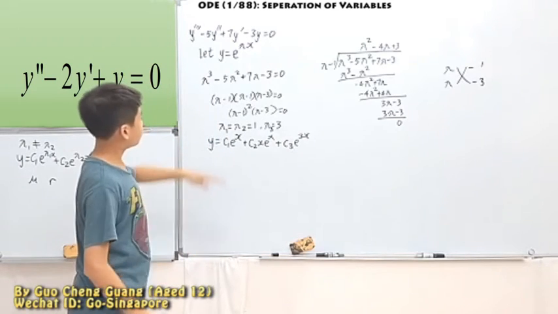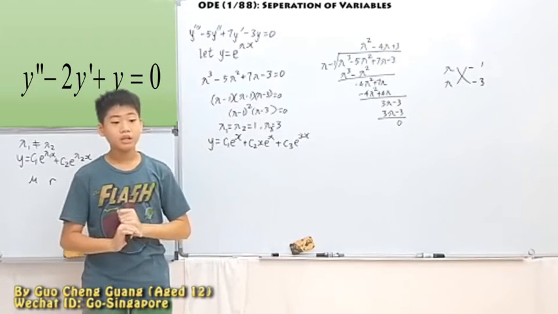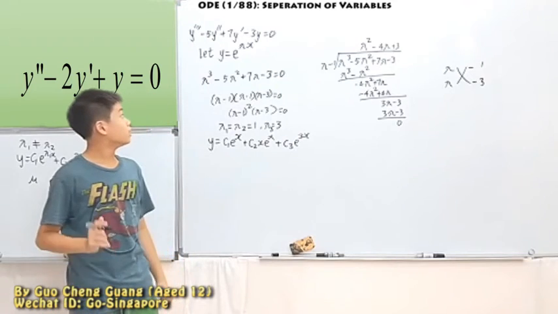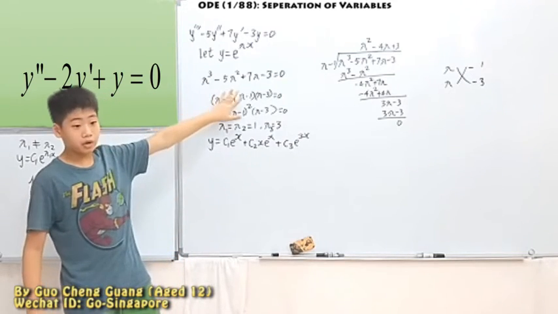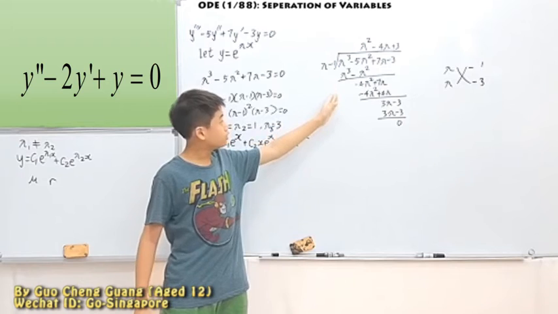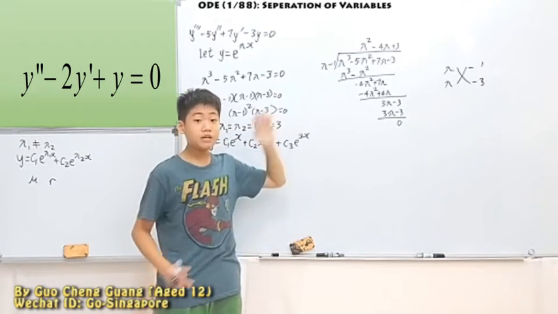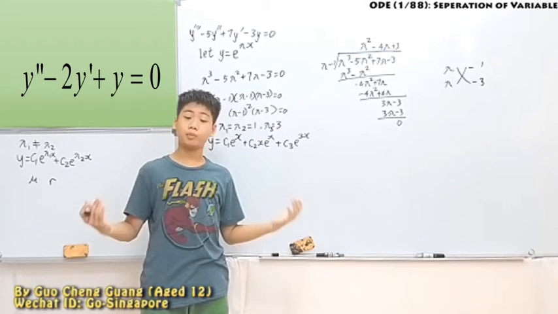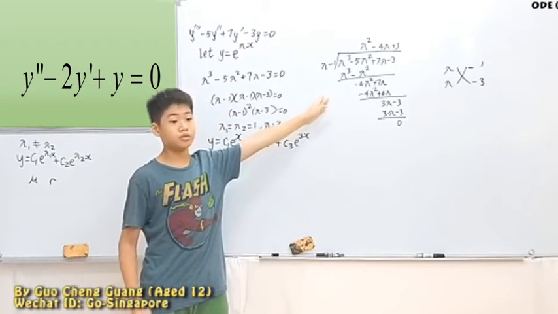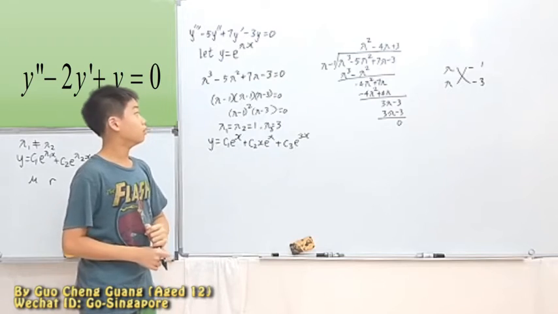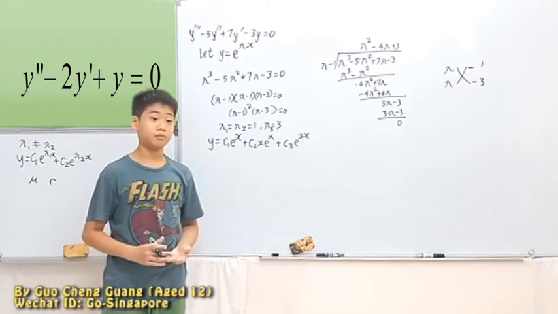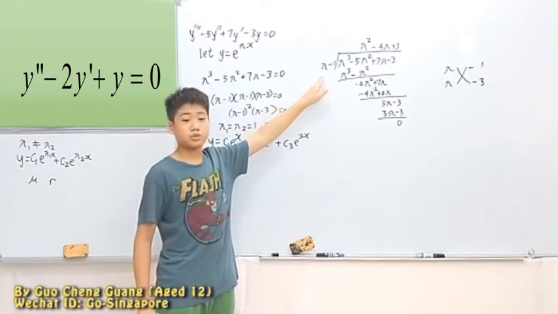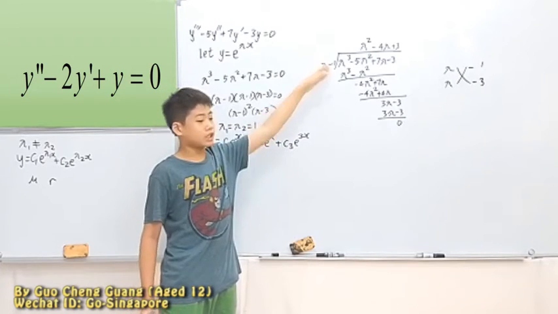If you meet any questions of this type, it's quite simple. You just have to be careful during this part. During factorization, if they have higher power, you have to be more careful. You can still use long division, or sometimes you have to keep on trying, because this case is just perfect, it is just minus 1.